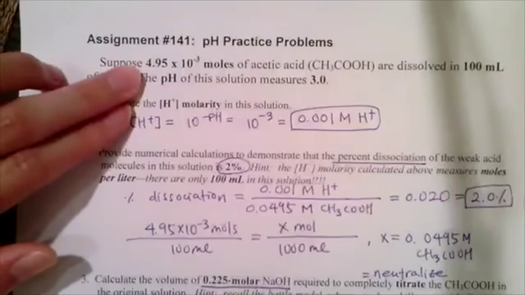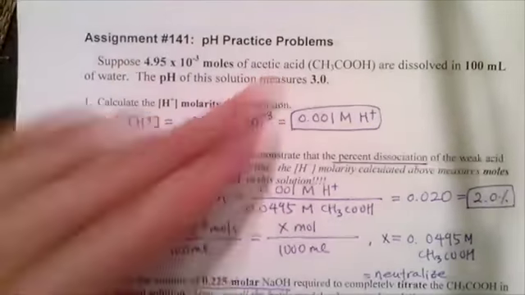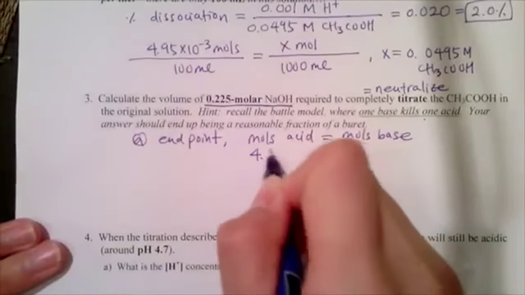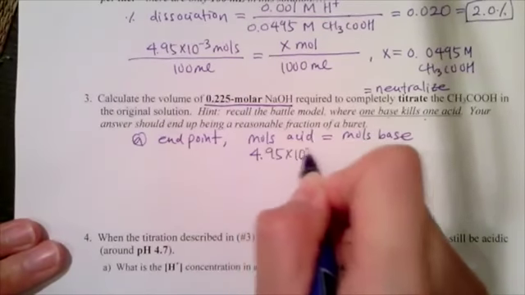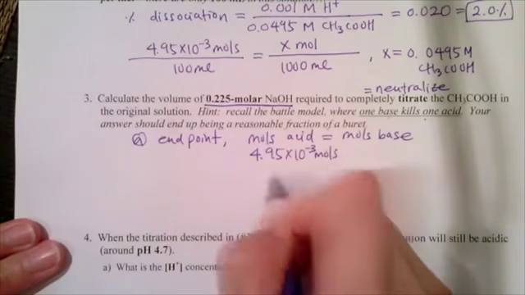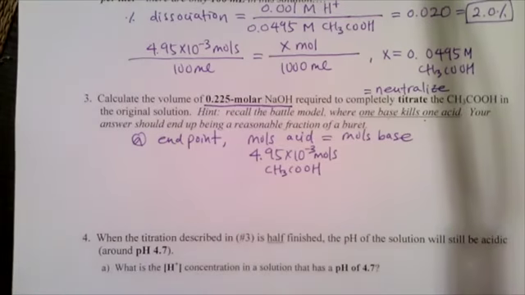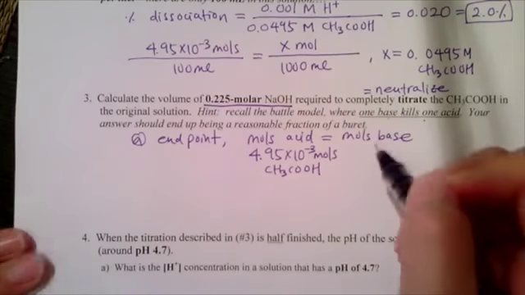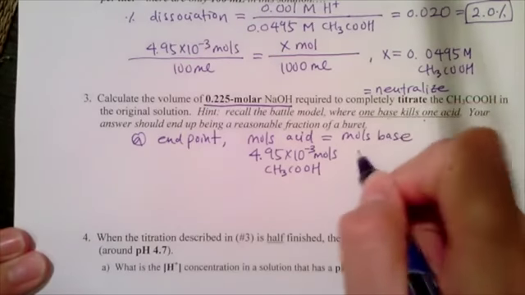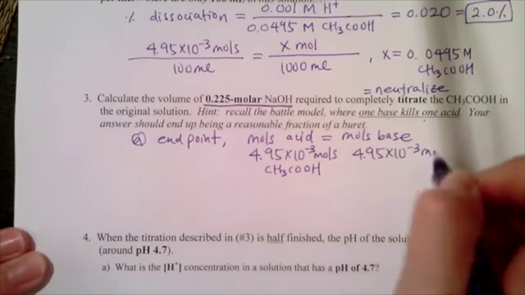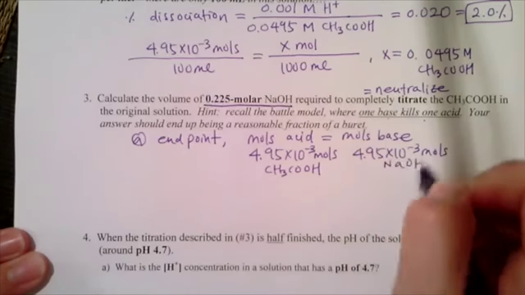Now, we know from above that we started with this many moles of acetic acid. So moles of acid is equal to 4.95 times 10 to the negative 3 moles of acetic acid. Now at end point, we're going to have an equal number of moles of base. So that means we're going to have 4.95 times 10 to the negative 3 moles of sodium hydroxide.